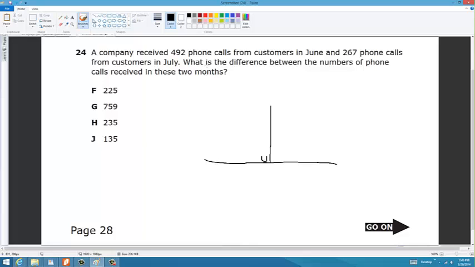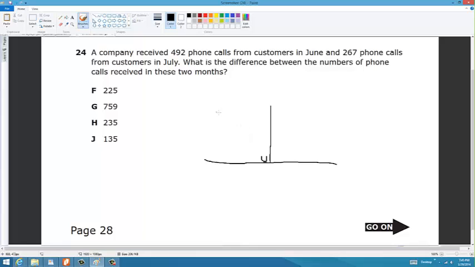What we want to do is just find the important information from that question and put it into this box right here. So what is important in this question is the difference of numbers received in the 2 months.